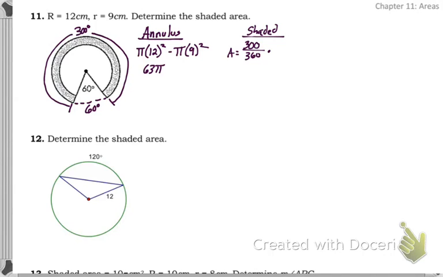I want to take whatever percent this is, multiply it by my annulus, and that's 63 pi, and that came out to 52.5 pi, maybe cm squared, because we are finding the area.